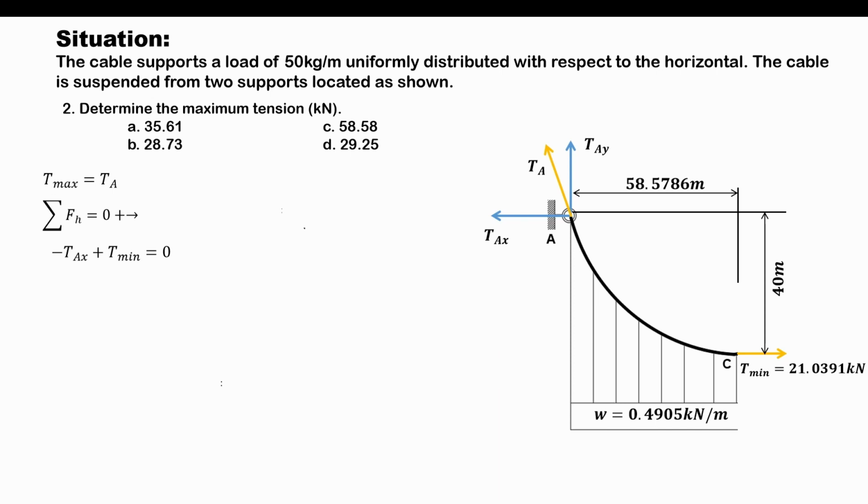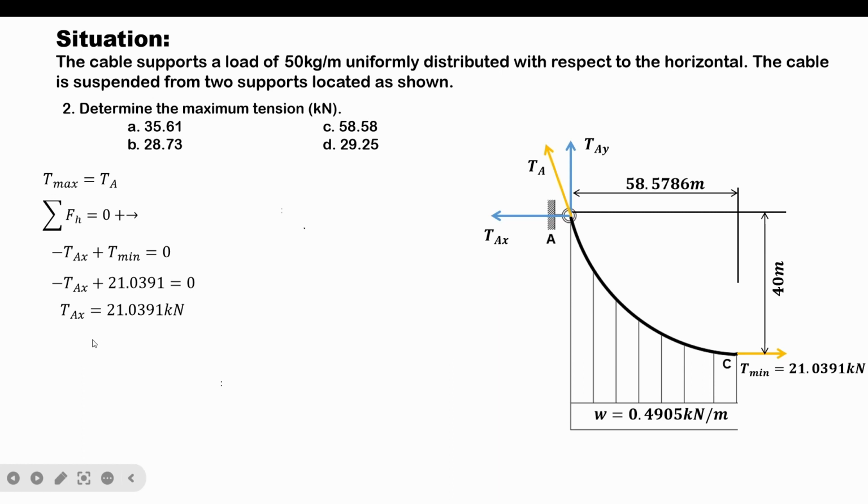So, negative TAX plus 21.0391 equal to 0. Simplifying this equation, we can compute the horizontal component of the tension at A to be 21.0391 kilonewton. As you can see, the horizontal component of the tension at C is 21.0391, and the horizontal component of the tension at A is also 21.0391. Hence, principle number 2 is proved.